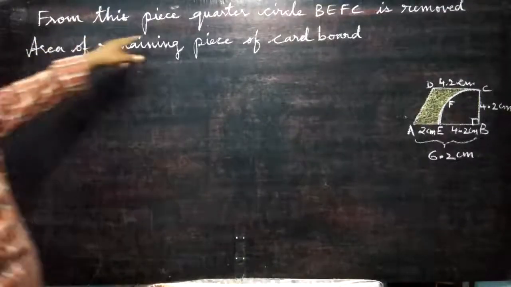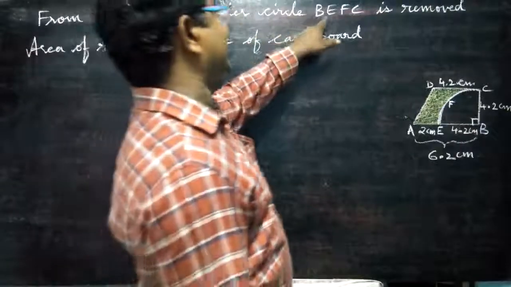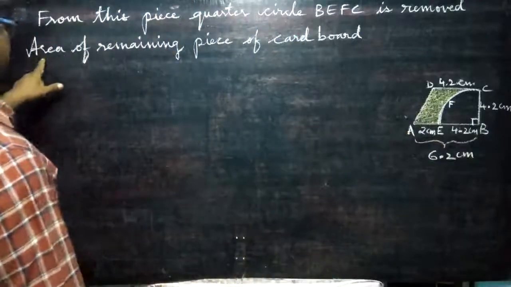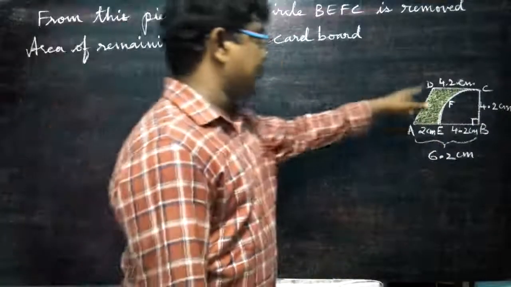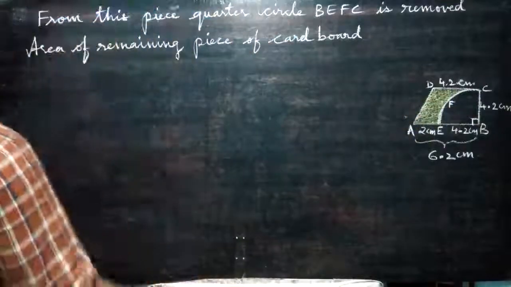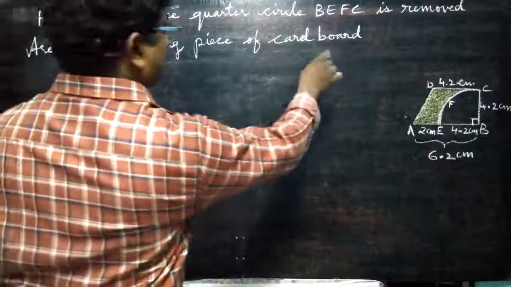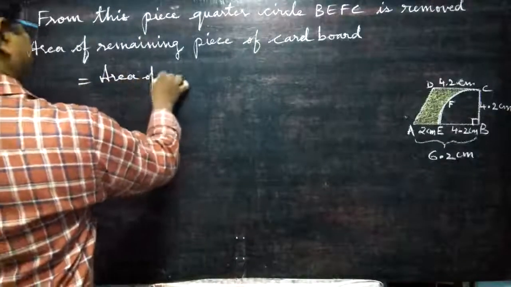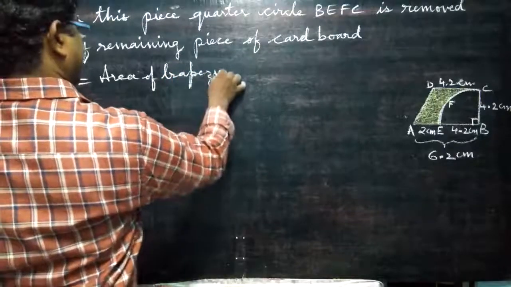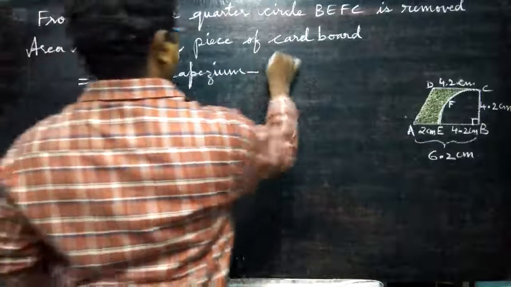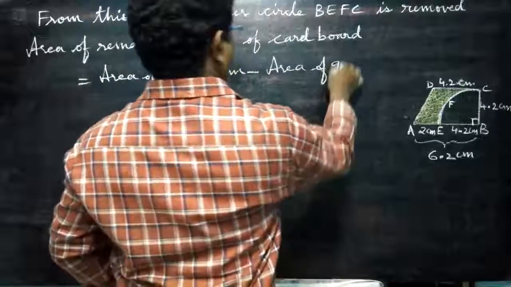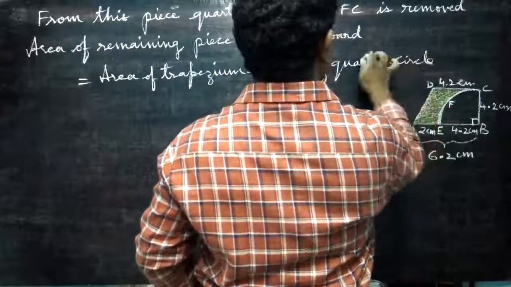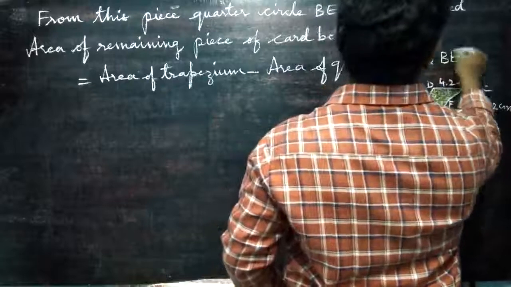Now from this piece, quarter circle BEFC is removed. From this piece, this quarter circle is removed. They are asking to find area of the remaining piece of the cardboard. This shaded part we have to find. How to find area of a remaining piece of cardboard is equal to area of trapezium minus area of quarter circle BEFC.